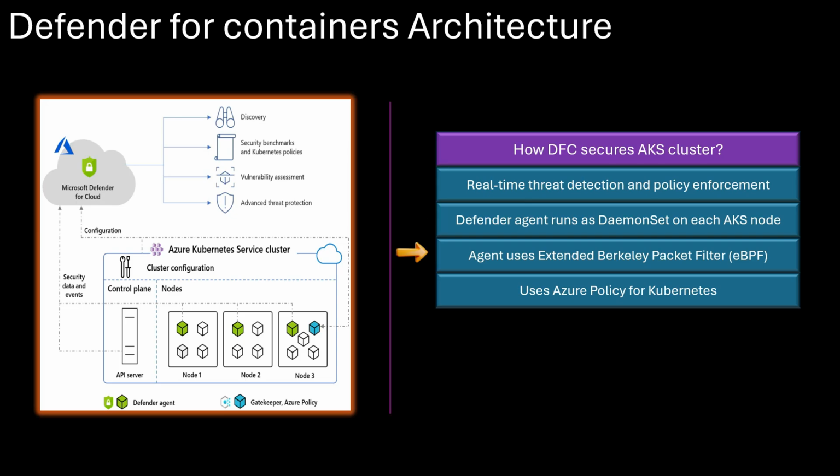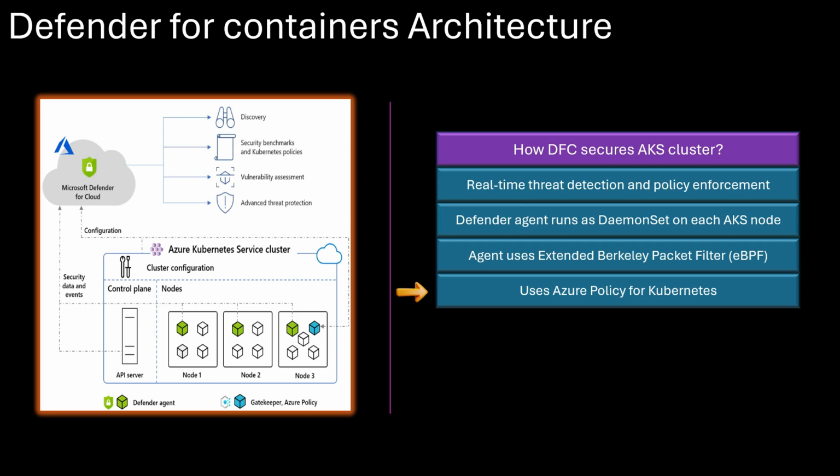This agent uses extended Berkeley Packet Filter, which is eBPF technology, a powerful security framework that allows Defender to monitor network traffic, detect anomalies, and analyze system activity directly within the Linux kernel. Since eBPF runs at the kernel level, it provides deep visibility into threats without slowing down your workloads.